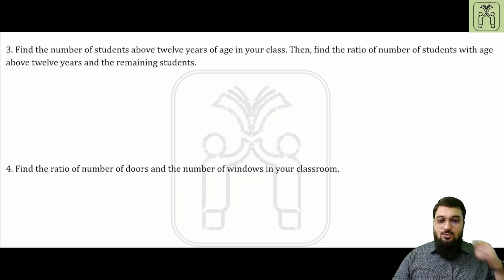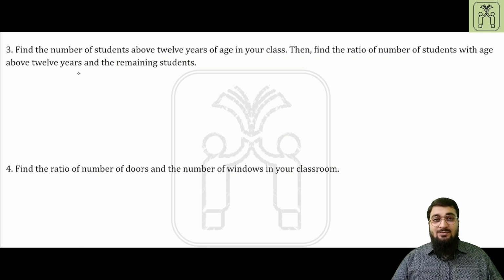Find the number of students above 12 years of age in your class. Okay, so generally students have a typical age for a particular class. For example, there is a gap of 5 years. If someone is in class 6, then generally his or her age will be 6 plus 5, that is 11.